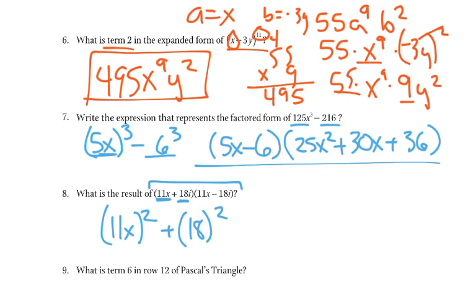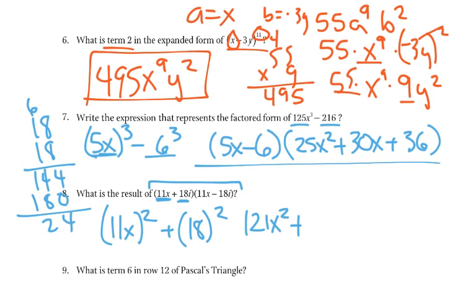So 11x squared would be 121x squared plus 18 squared, which would be 324. I hope I did my math right there. Looks like I did pretty good. So that's our result.